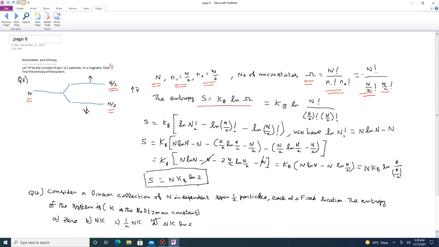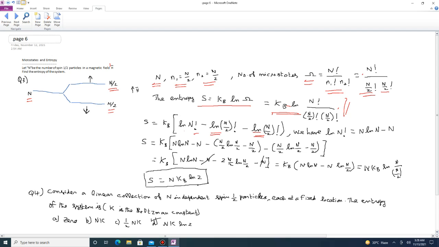We substitute for omega from the previous expression. So this is Kb times the logarithm of N factorial divided by N by 2 factorial into N by 2 factorial. Since log of m divided by n is equal to log m minus log n, using this formula it can be written as log N factorial minus log N by 2 factorial minus log N by 2 factorial.